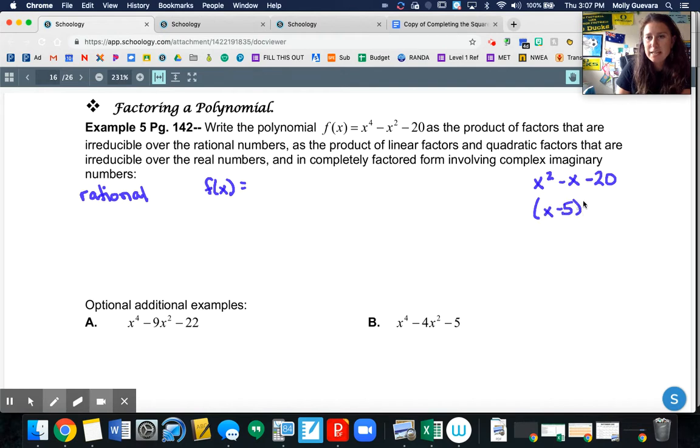It's x minus 5, x plus 4, and our factoring really should be that quick at this point. But since it's x to the 4th and x squared, that means that both of these are also squared. Okay, so you factor it just like normal, but those x's are squared instead. So over rational numbers, this is our answer. Okay?